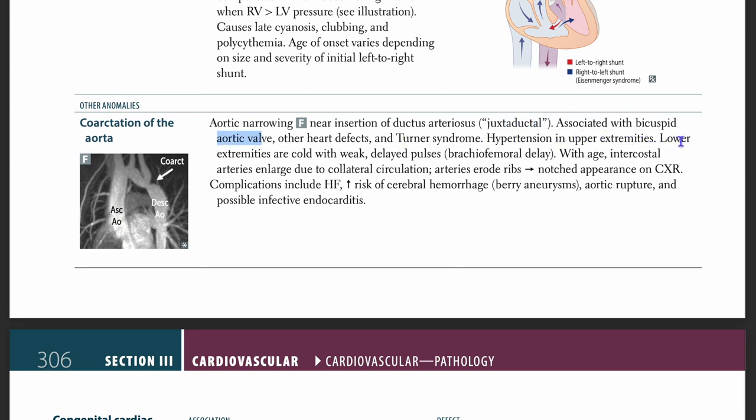Hypertension in upper extremities, lower extremities are cold with weak, delayed pulses, brachiofemoral delay with age, intercostal arteries enlarged due to collateral circulation arteries erode ribs. This causes notched appearance on chest x-ray. Complications include heart failure, increase in risk of cerebral hemorrhage, berry aneurysm, aortic rupture, and possible infective endocarditis.